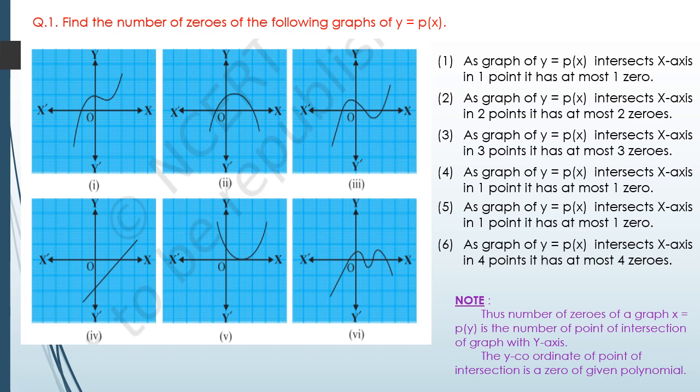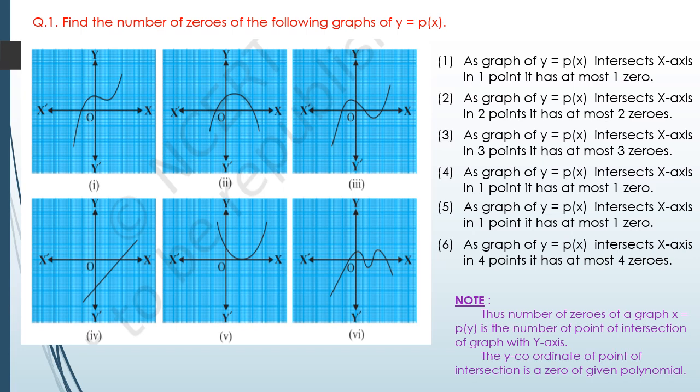Suppose in the given question, we are discussing question number two, and suppose the second question is given to us as the graph of x is equal to p of y. Then the number of zeros will be only one, because the point of intersection of the graph with the y-axis is only one.